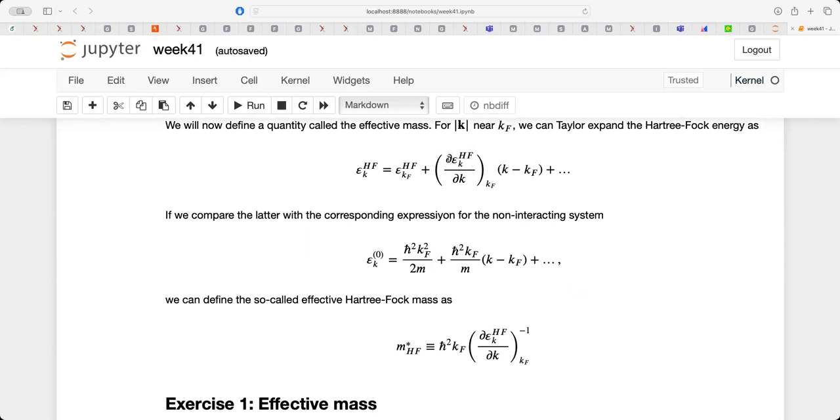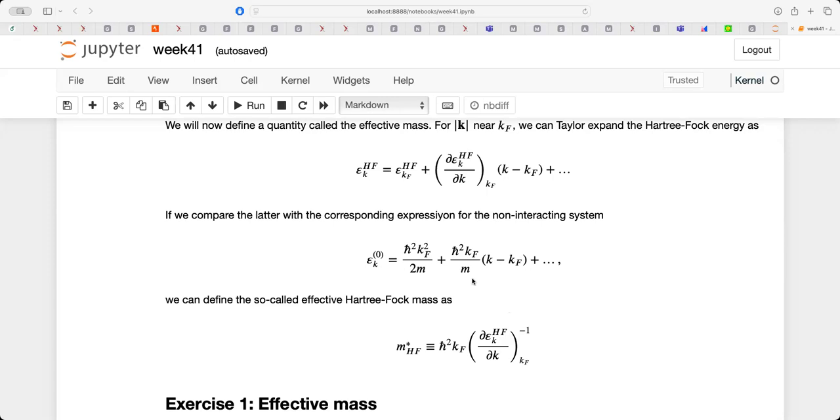It's common in many-body physics to rewrite this term, which you see here, as an effective mass, where you define the effective mass in terms of h squared kF times this derivative. That defines an effective mass, because this plays the same role as a momentum squared divided by mass. That's what we would expect when we think of the energy of a system, the kinetic energy.